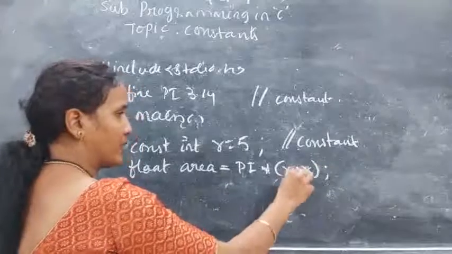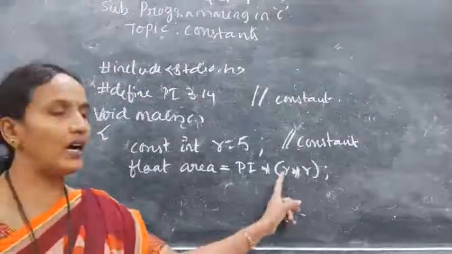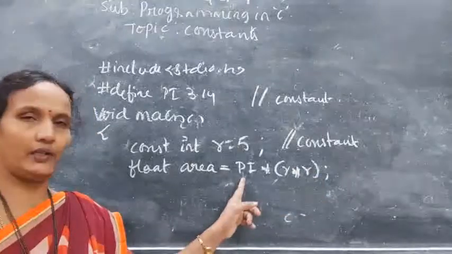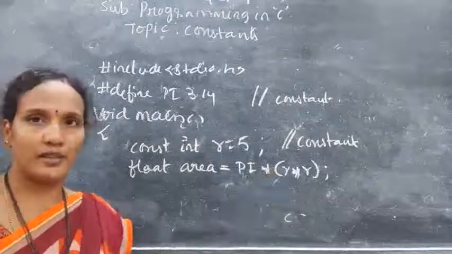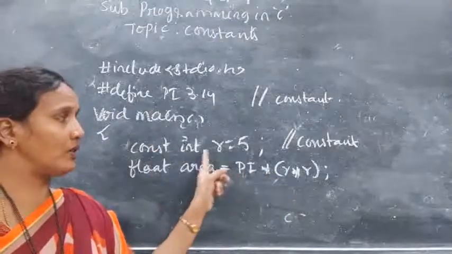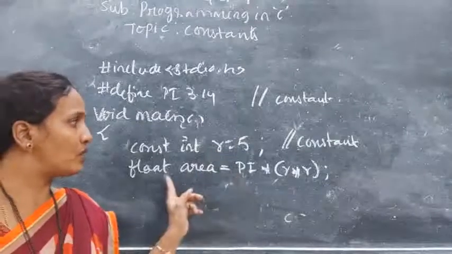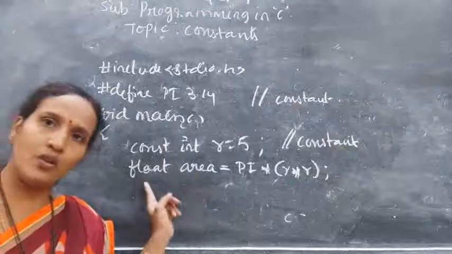You should write it like this, r square, directly, because there is no superscript. So that is why r into r. Here pi is a constant and r is a constant. Clear? One is an integer constant and one is a float, so that is why the resultant variable is also float.